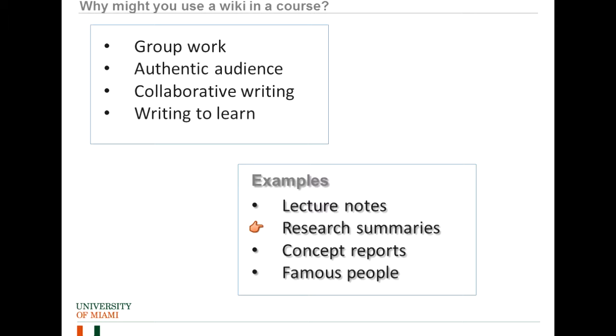One faculty member had an interesting thing where only articles that were in the wiki could be cited in the students' opinion papers. So they had a certain time to collect articles on the topic, and then they had to write a paper on the topic, but only articles that were in the wiki when it was frozen could be cited, so that the students would really work on finding good articles and summarizing them.